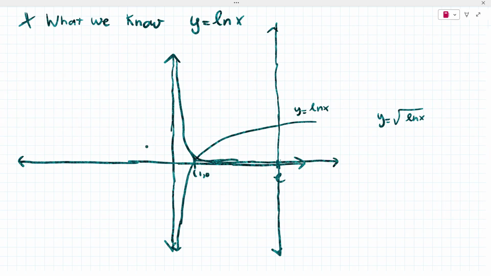And so the region is from here. If we're doing cross sections across the x-axis, this would be the top, this would be the bottom.